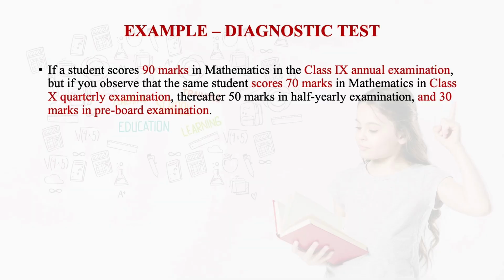An example we can discuss here: if a student scores 90 marks in mathematics in class 9th annual examination, but you observe as a teacher that the same student scored 70 marks in mathematics in class 10th quarterly examination, then it becomes 50 in half yearly examination, then further it reduced and becomes 30 marks in pre-board examination.